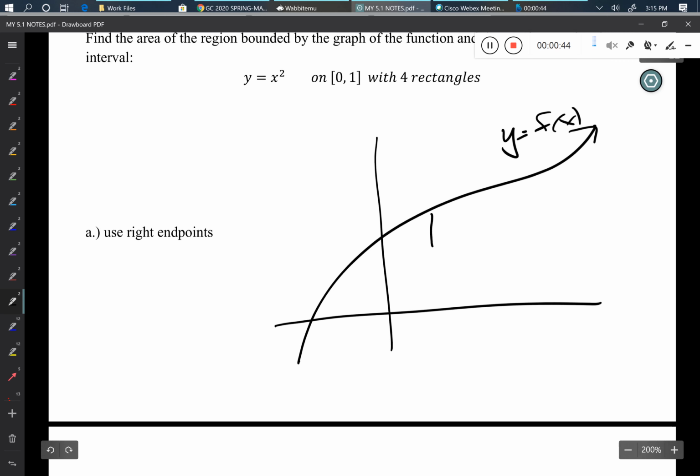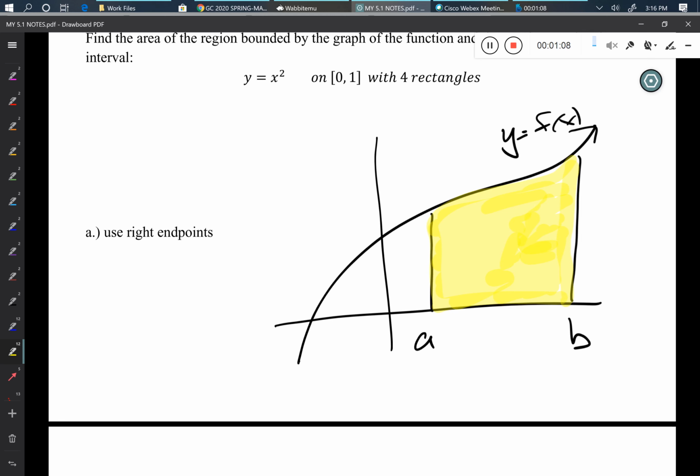We are going to have some lower limit that we usually call a, and some upper limit that we usually call b, and our job is going to be to calculate the area that is encapsulated or trapped or bounded by the function above, the x-axis below, the line x equals a on the left, and the line x equals b on the right.